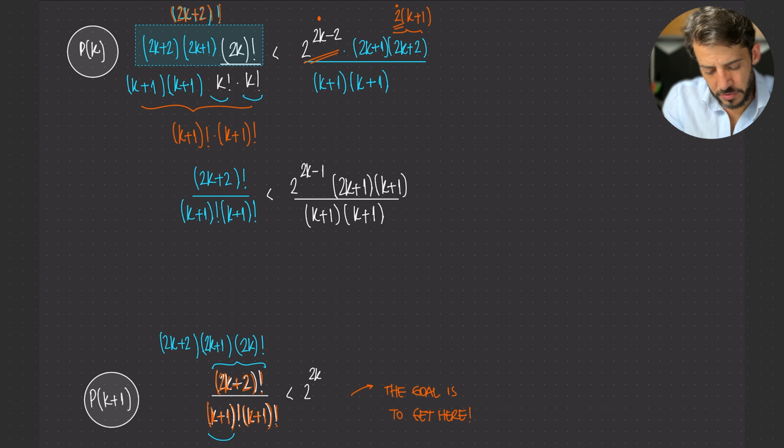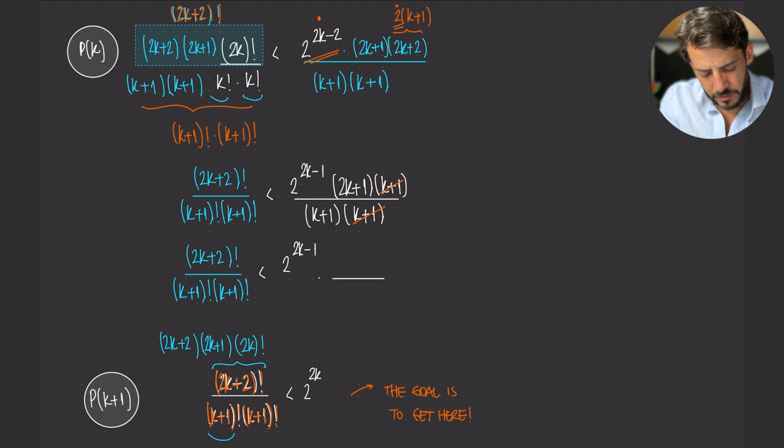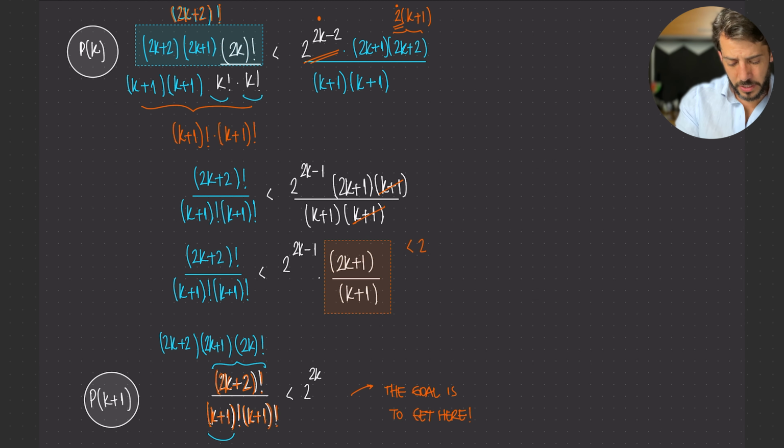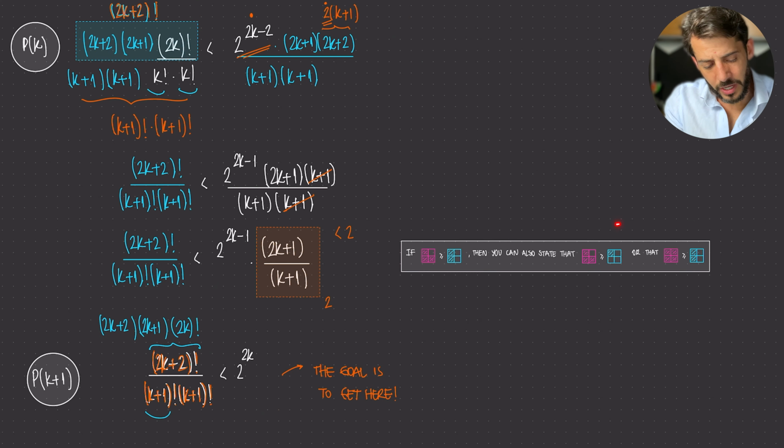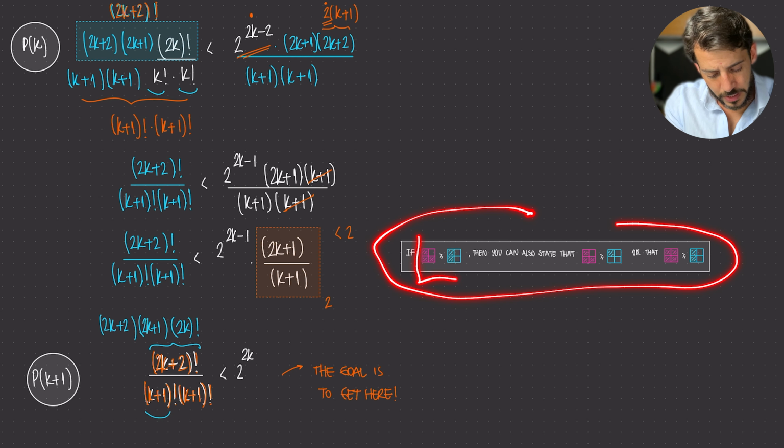We can also simplify the (k+1)s, and if for some reason we can prove that (2k+1) over (k+1) is smaller than 2, meaning 2 is bigger than that, given that we're on the biggest side, which is the right-hand side, we could turn this into a 2, which would give us the 2^(2k). Remember, when you have an inequality, either you make the biggest side even bigger or the smallest one even smaller. That's the only way to maintain the inequality.